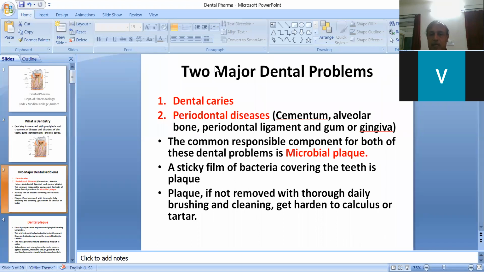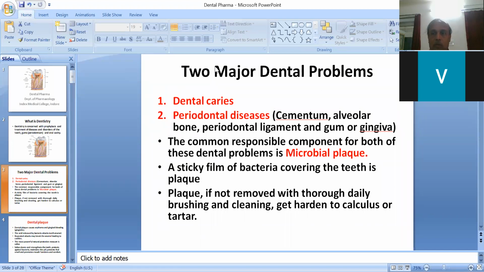What is the problem with this plaque? If it is not removed with thorough daily brushing and cleaning, it gets hardened to form calculus, which is also known as tartar.